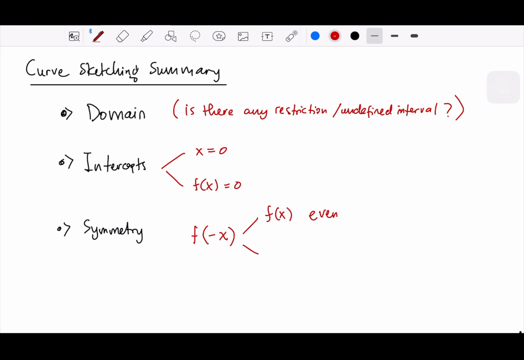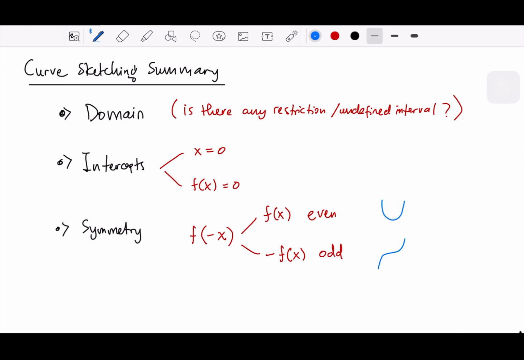If it reverts back to our original function, it's going to be an even function. If it is the negative of that function, it will be an odd function. To simplify it, for even and odd, you can imagine the functions x squared and x cubed, which is very easy to imagine. I think those are very simple functions like this: the even function x squared and then the odd function x cubed.